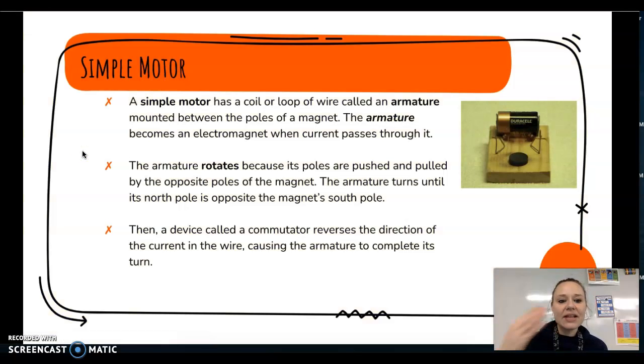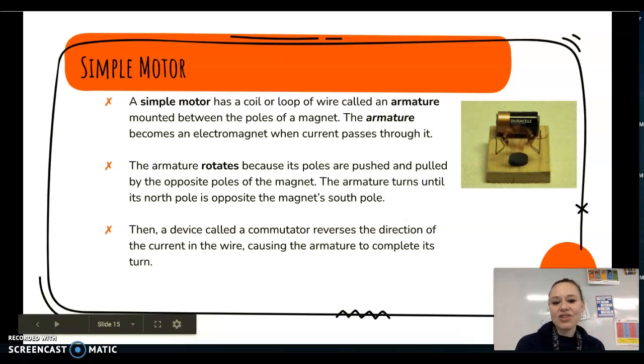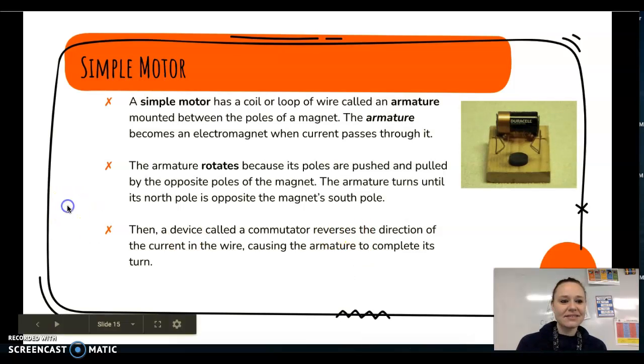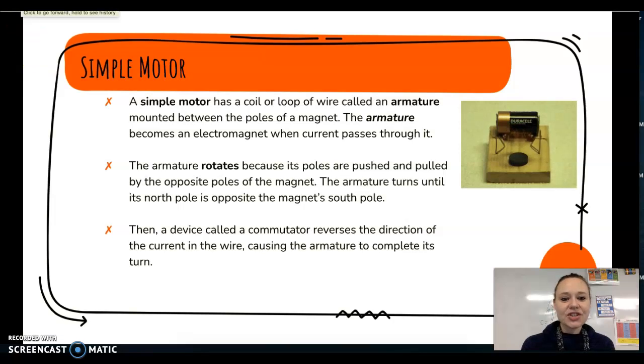So we also have simple motors, which again have coils or loops of wire together, and they become an electromagnet when current passes through them in a different way. In this example, the armature rotates because the poles are pushed back and forth by the opposite poles of the magnet.